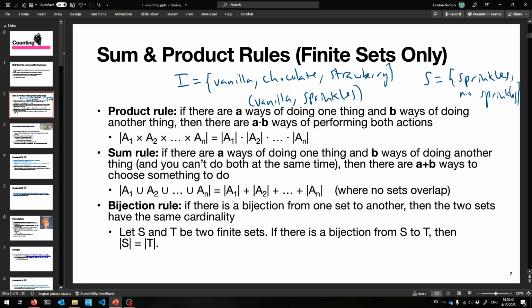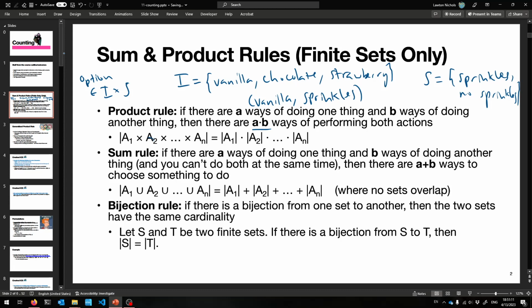You could also have like chocolate, comma, no sprinkles. There's a bunch of different options of ice cream, and every option is a member of the set I cross S. Like you pick an ice cream, pick whether you want sprinkles. How many options do you have? Well, 3 over here and 2 over here. 6 total. I hope that makes enough sense. So that's the product rule. That's all that says. Kind of self-explanatory, I hope, but yeah, they just multiply.